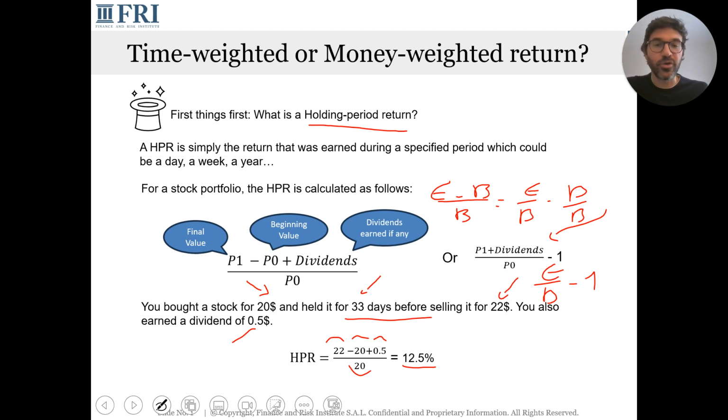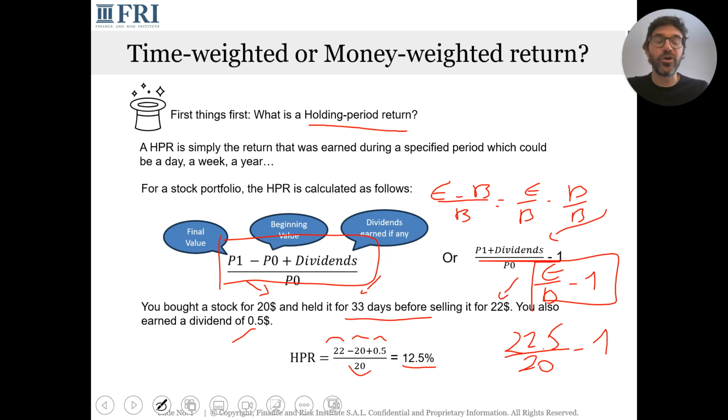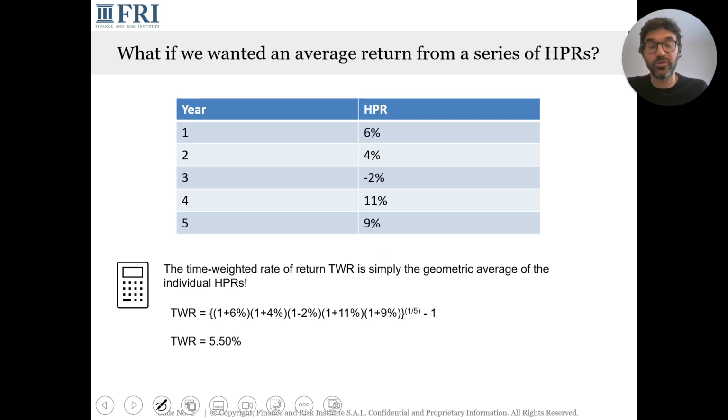Both will give you the correct result. So it's either 22 plus 0.5 minus 20 divided by 20, which is the first form of the formula, or very simply 22.5, which is again the final value plus dividend, divided by the beginning value minus 1, which is this form of the formula. 12.5% is the holding period rate of return.